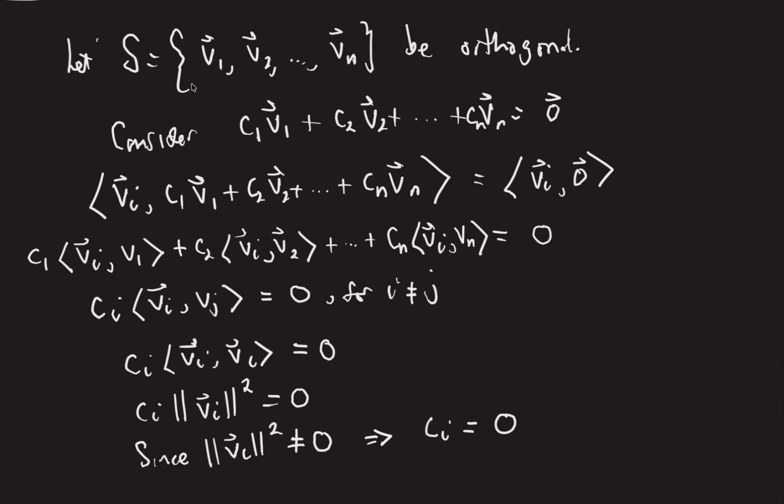If we start with an orthogonal set, then the solution to our vector equation here has to be the trivial solution, because this is saying that all the constants, the ci's, all of these have to be equal to 0. So this implies that S is linearly independent, which, we know how important linear independence is, which now implies that orthogonality has to be equally important, since orthogonality implies linear independence.